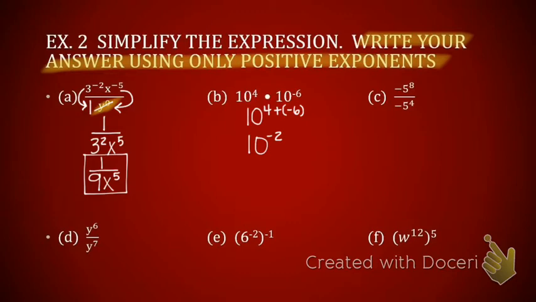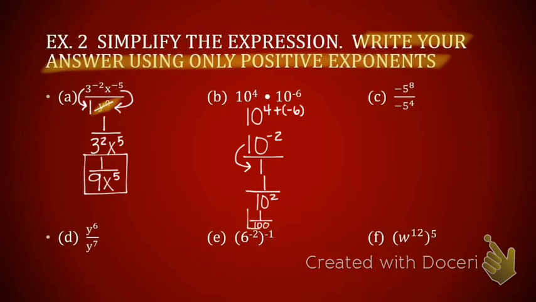So what exactly are we moving? First of all, this doesn't look like a fraction, so I need to put it over what? 1. Okay. Now, KK, where am I moving 10 to the negative second? I'm going to move the entire power down. So KK, what did I leave behind in the numerator? 1. A 1. And now in the denominator, I have what? 10 to the second power. Am I finished? No, I can finish this because what is 10 squared?